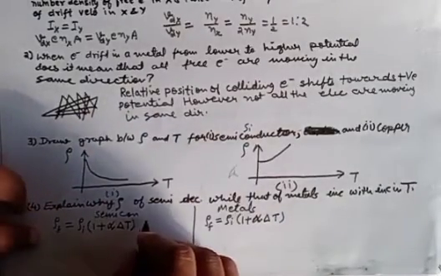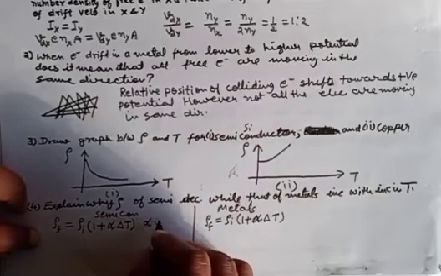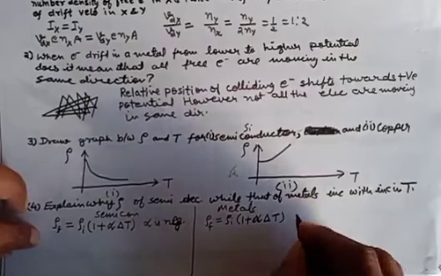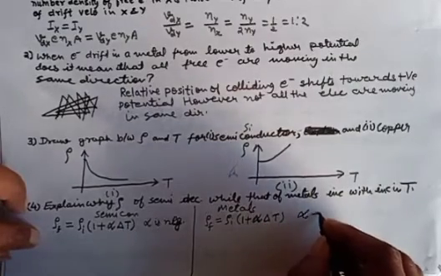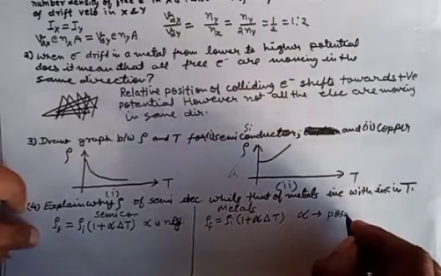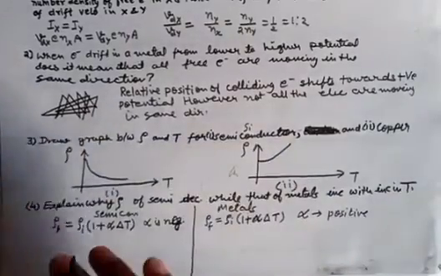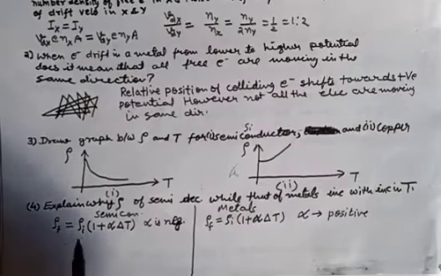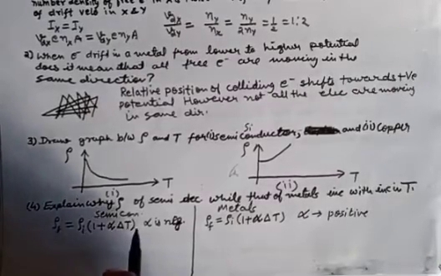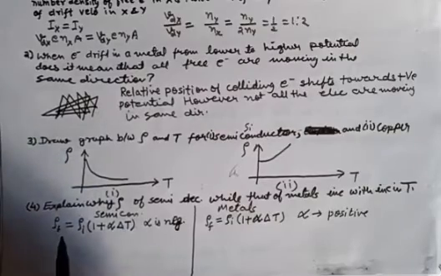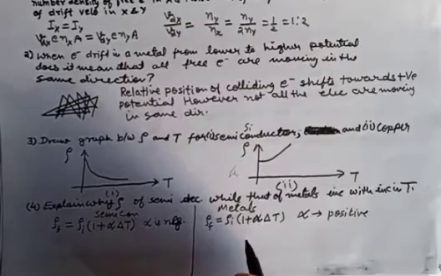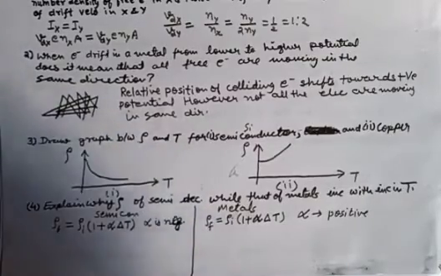For semiconductors, alpha is negative, and for metals, alpha is positive. This is the reason. In terms of temperature dependence, if we refer to this formula, then we can say in semiconductors alpha is negative, that is why resistivity decreases with increase in temperature, and in metals alpha is positive, so resistivity increases with increase in temperature.